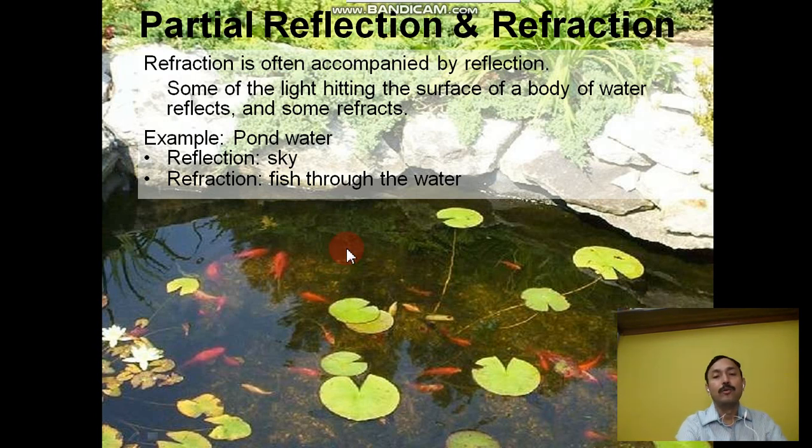And due to the reflection we are getting the images of the blue sky, the green leaves of the green trees, branches of the trees, etc.